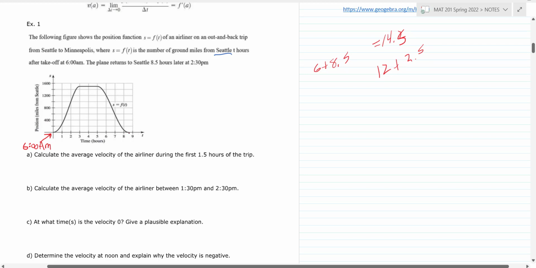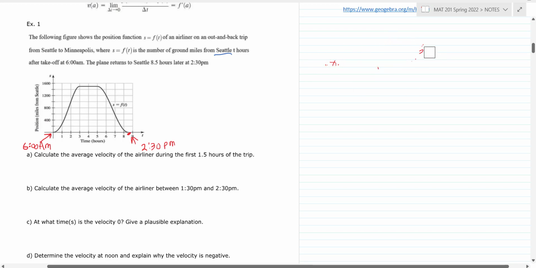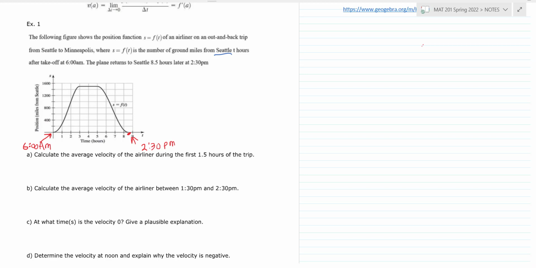So that point right there is going to be 2:30 p.m., after you've gone through those 8.5 hours. What we're going to be looking at, keep in mind, is the displacement. So for instance, at 7 a.m., you have gone about 300 miles from the airport.